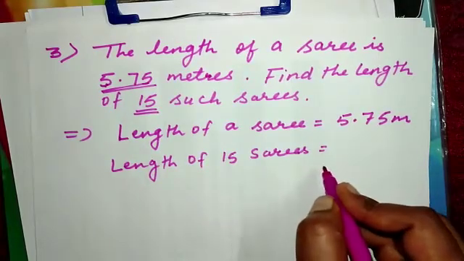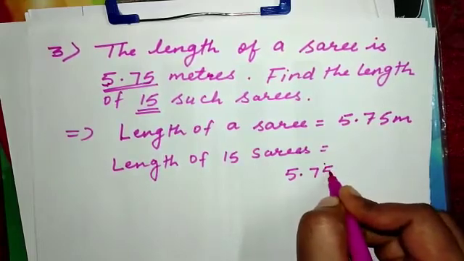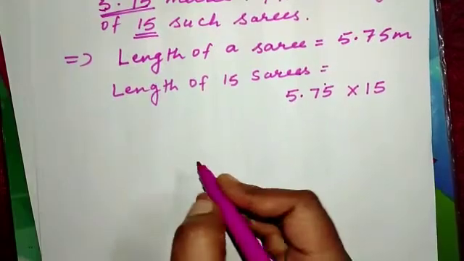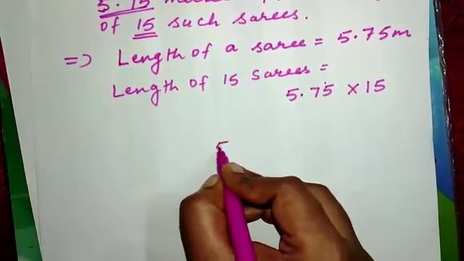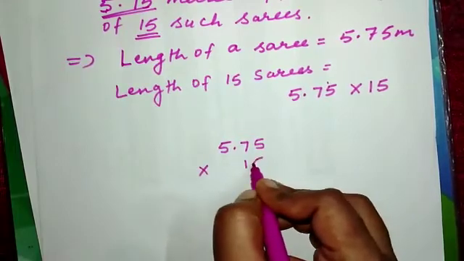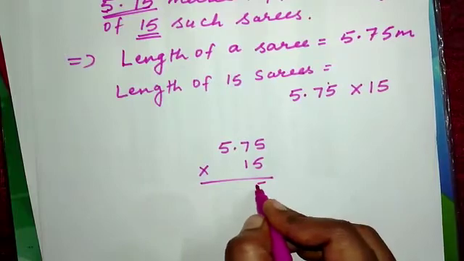We will write 5.75 into 15. Then we will do the multiplication. 5 fives are 25.